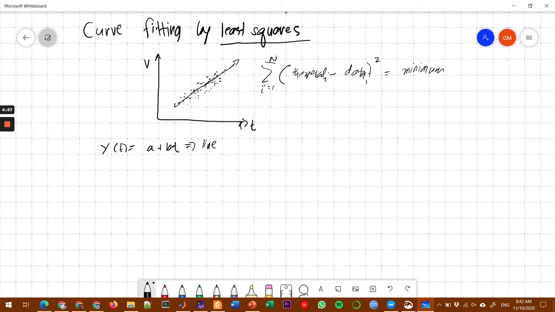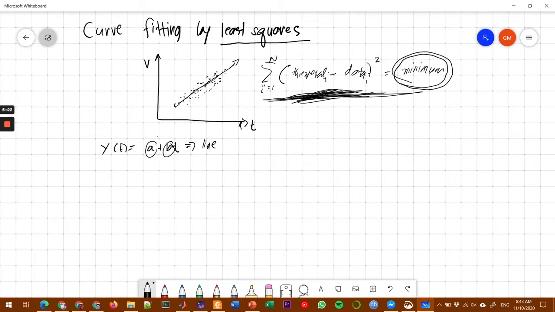But we just don't know yet what A and B are. So that's why we have to optimize this. What should be the values of A and B in such a way that this thing here is a minimum? You get the idea? So it should be minimized.